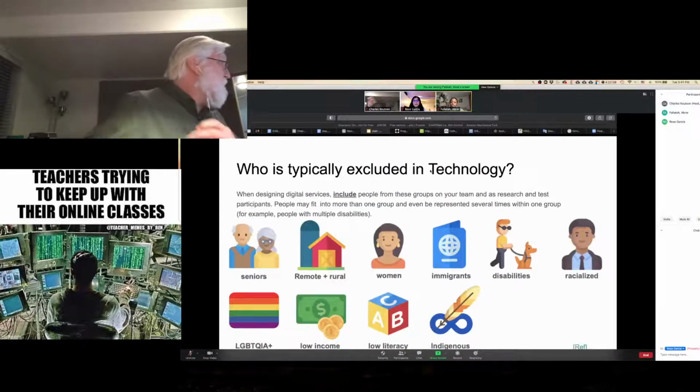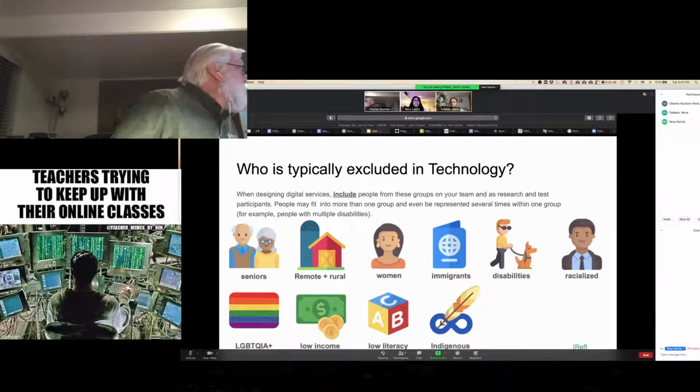Now, who's typically excluded from these technologies? Generally, these are the overall people that technology excludes. In our talk today, we will be focusing on women, but there are lots of other researchers who looked at people from low socioeconomic status or people from low literacy backgrounds.